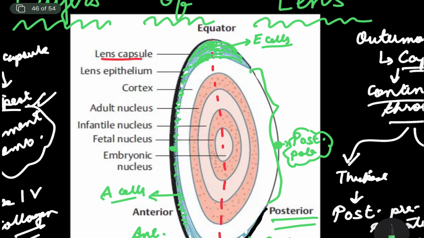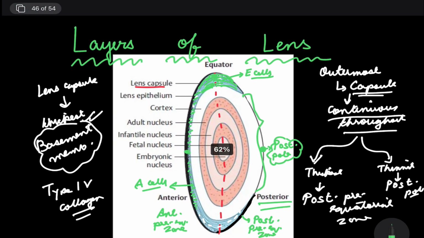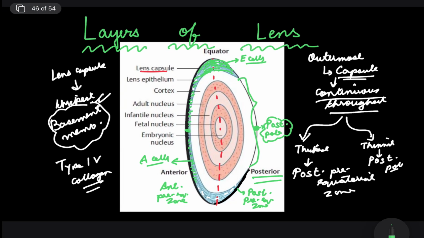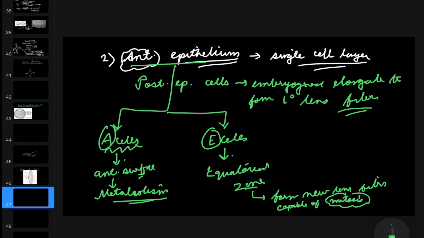Okay, done. Now let's talk about the third layer. The third layer that we have is called the cortex. The cortex is just like the capsule, a complete layer.